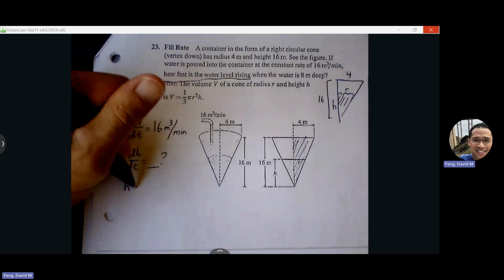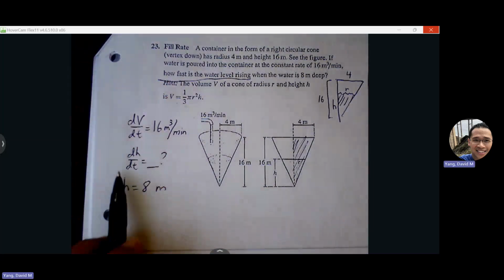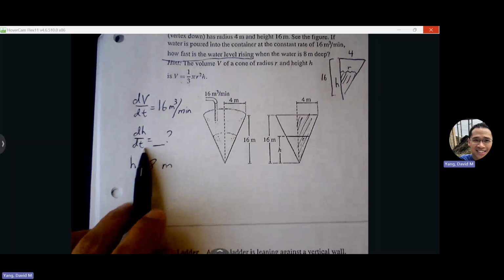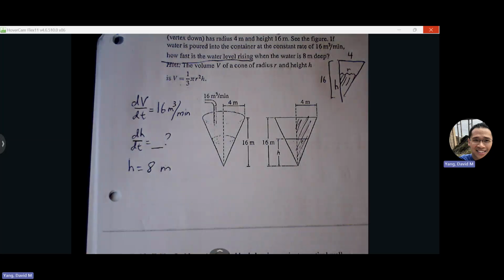Okay, so let me talk about these two here. Whatever we're looking for is going to help guide our equation. If we want dH dt, you prefer to get your volume in terms of H because H is related to dH dt, and H will produce a dH dt better than R can.